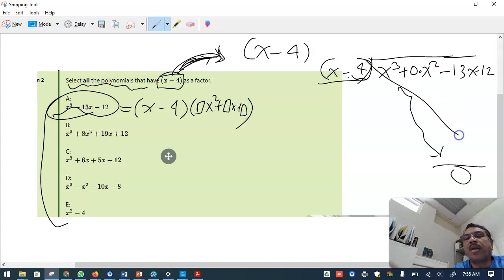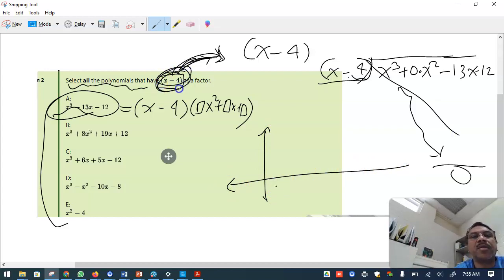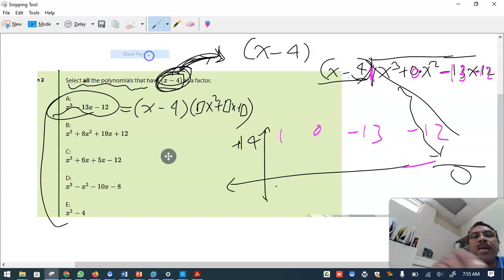And this is one way, or you can use synthetic division also, and if I want to know whether x minus 4 is a factor, put a 4 here, and these numbers will go here: 1, 0, minus 13, and minus 12. Put it right here, and that's another way to do it. You can see whether you get a remainder.